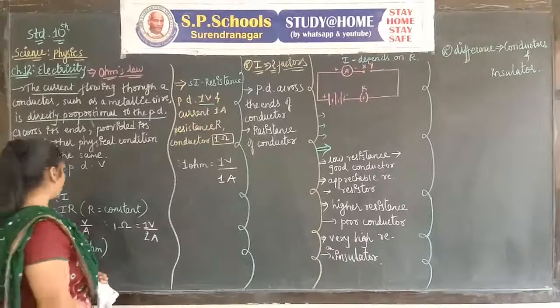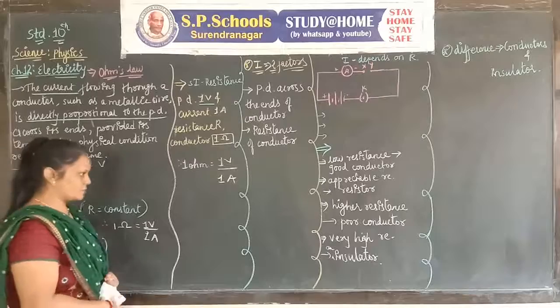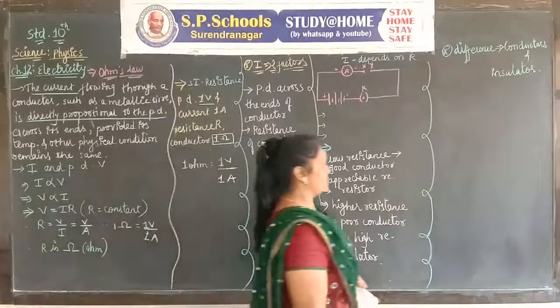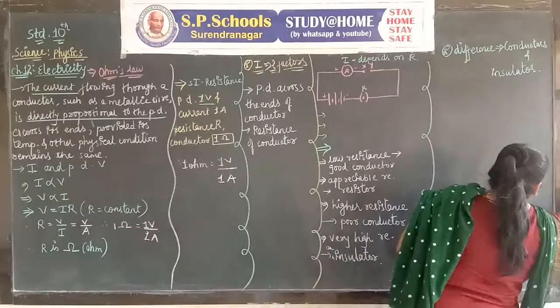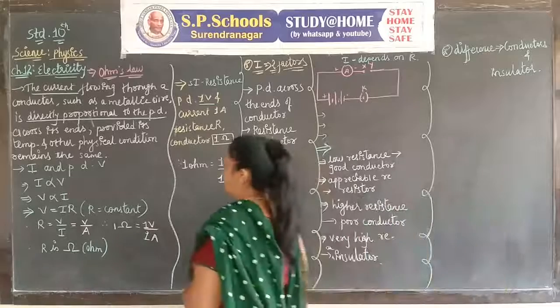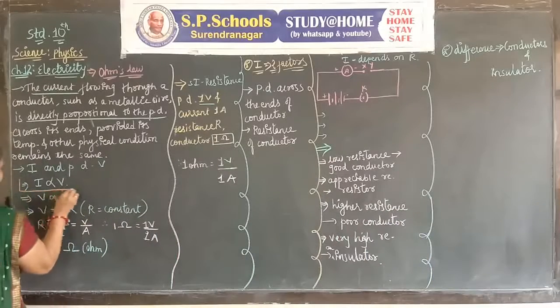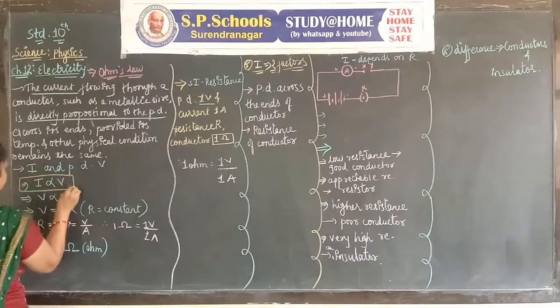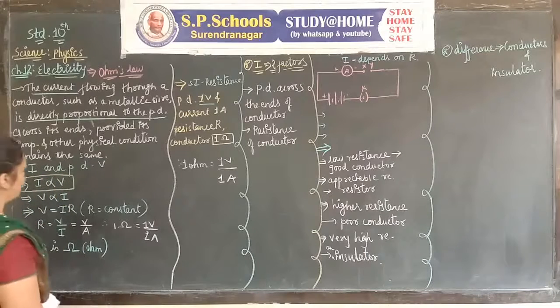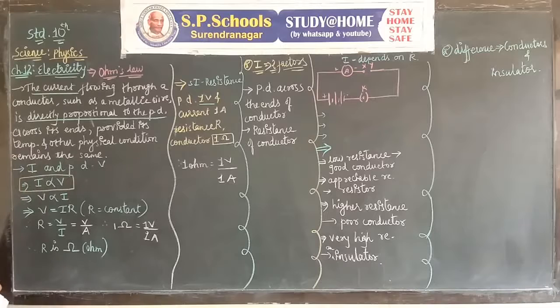According to I proportional to V, and V proportional to I. According to I proportional to V, the electric current of a conductor depends on two factors.